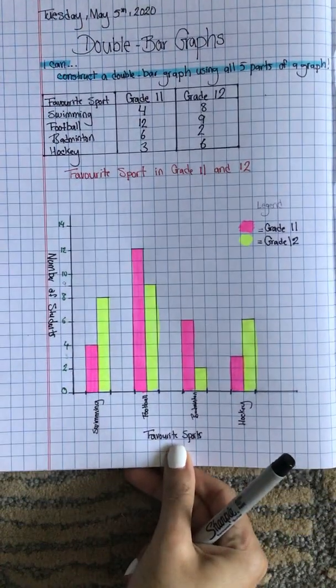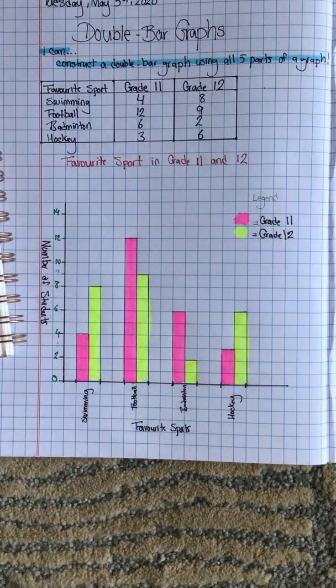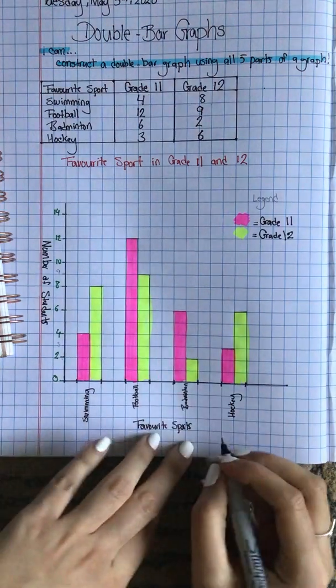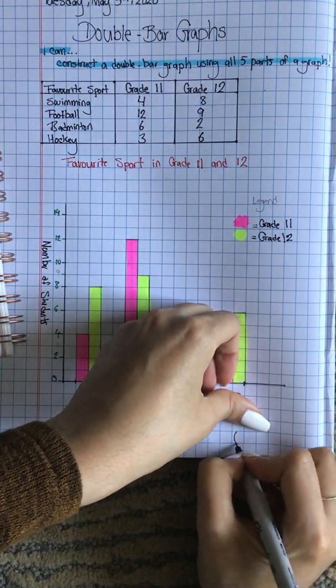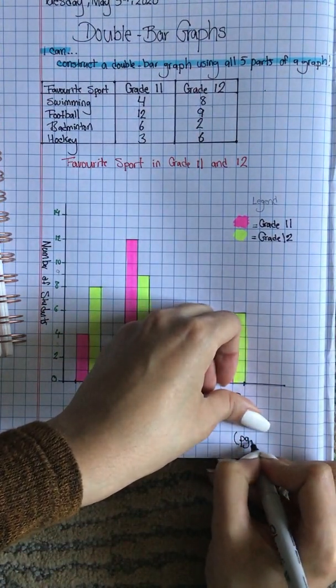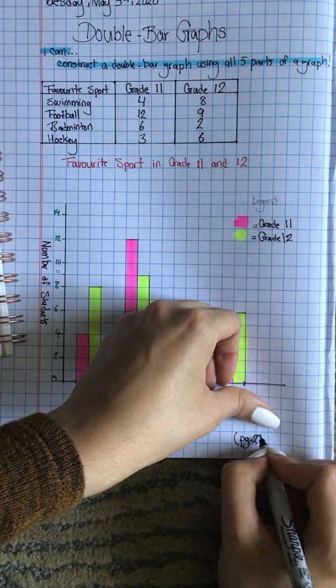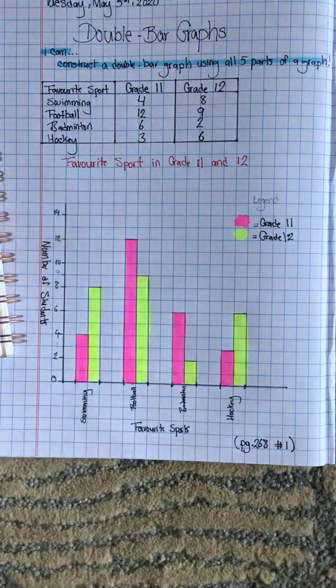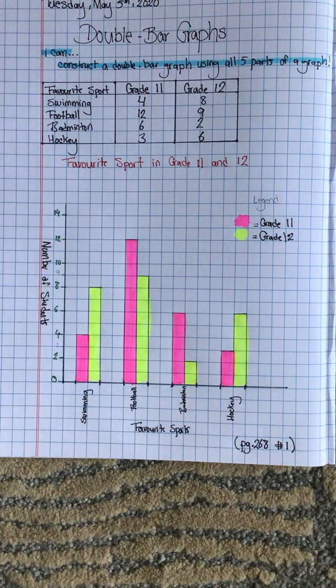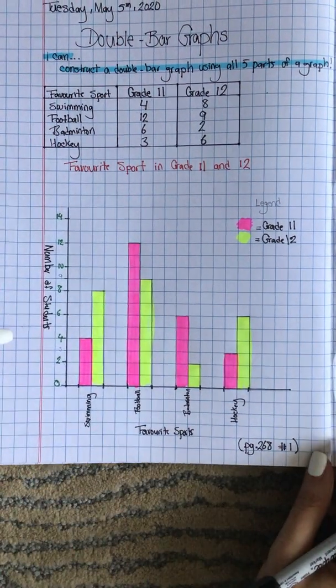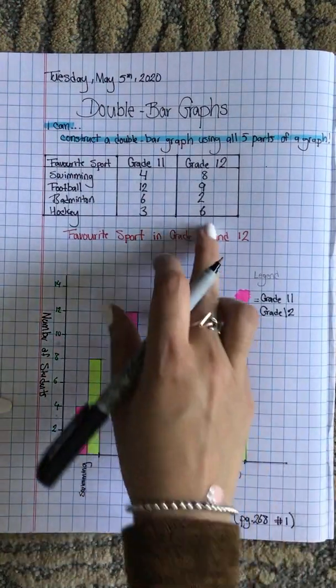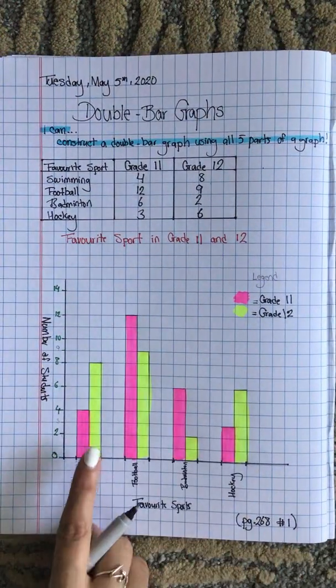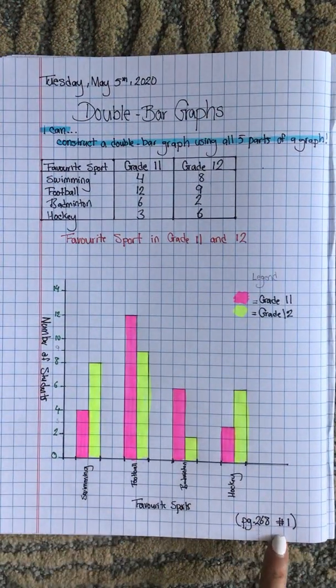Okay, your textbook question is page 268, number 1. I just want you to get practice. I want you to learn how to make a double bar graph. So it will give you information and just do the same thing as we did, right? Have all the different parts, have a legend, have the 2 bars. So page 268, number 1.